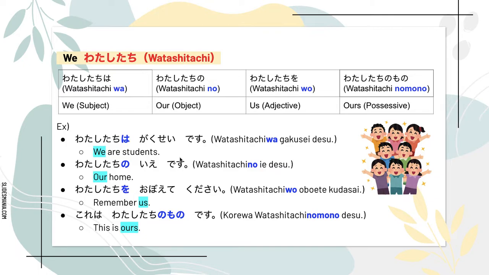The third example is for adjective sentence, which is remember us. Us in Japanese was 私たちを. So the sentence will be 私たちを覚えてください。The last example would be for possessive sentence. This is ours.